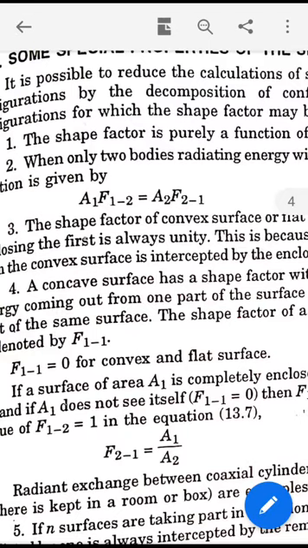Similarly, shape factor of a convex surface with another convex surface enclosing it is also 1.